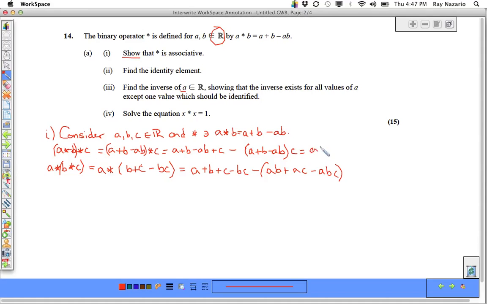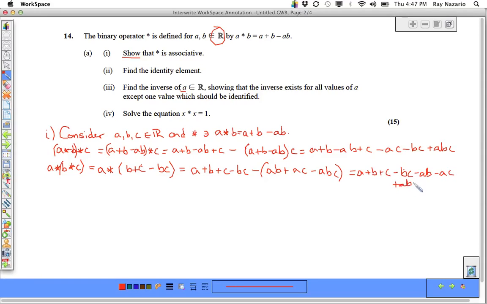So this is going to be A plus B minus AB minus AC minus BC plus ABC. And this one, A plus B plus C minus BC minus AB minus AC plus ABC.